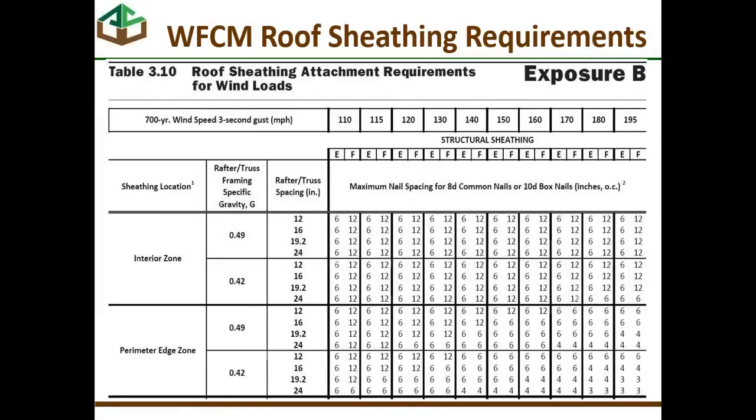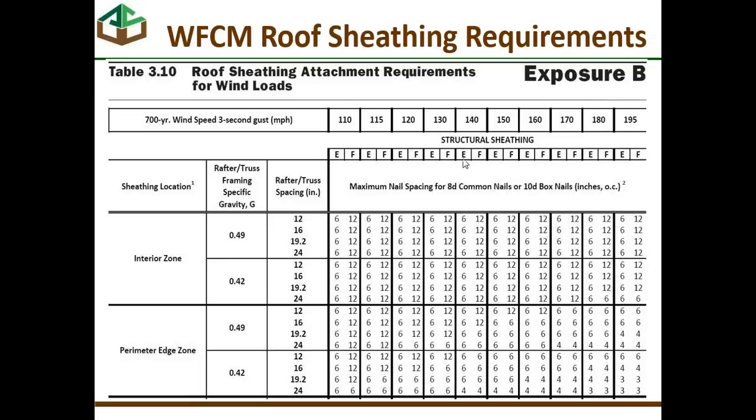The nailing requirements are in another table, table 3.10, and you see the sheathing location. So you're either in an interior zone or you're in an edge zone. You see the rafter lumber material is specified by specific gravity, so it's in this column here where G is mentioned. And you see the rafter or truss spacing in inches, and then for various wind speeds you see the nailing pattern here.